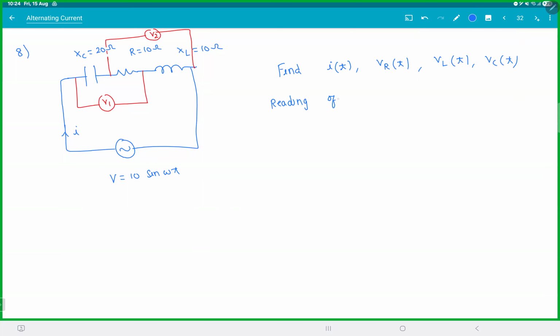Yeah, this would be an advanced question. If I just ask you reading of voltmeters, that can be done normally. There are ways, but the moment I ask you as function of time t, these are advanced questions. In Mains generally I have not seen them asking in terms of time t.